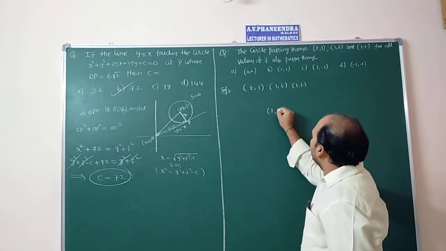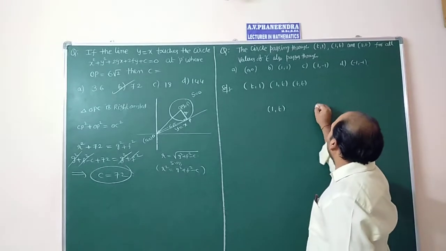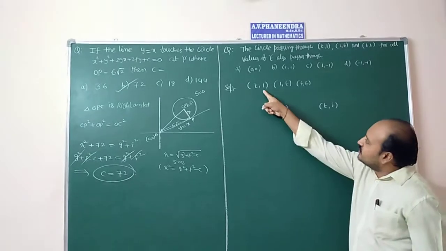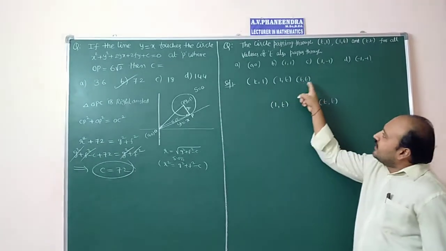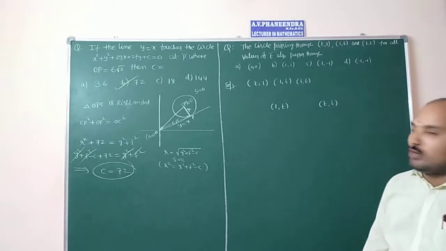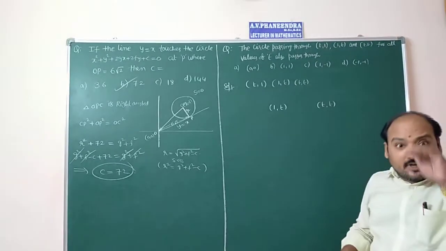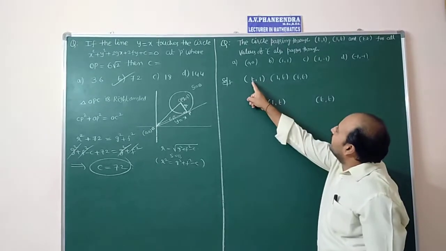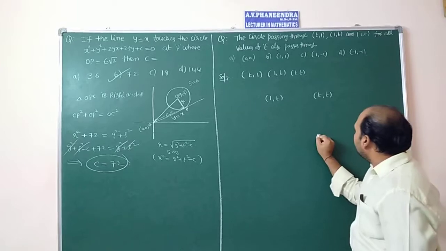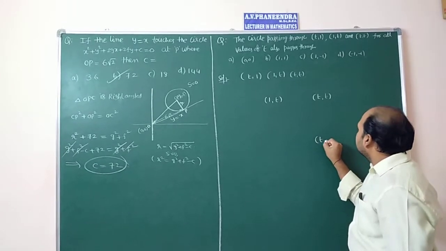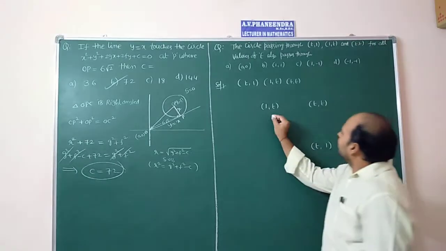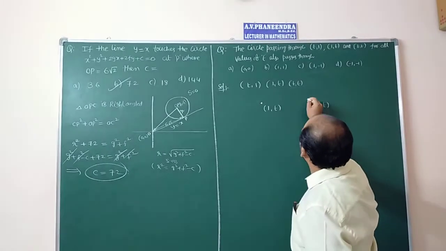Observe that in these 2 points, t comma 1 and t comma t, x coordinates are equal. X coordinates are equal means it forms a vertical line. So vertical line means here t comma 1 and t comma t. Can I draw like this? So join these points.